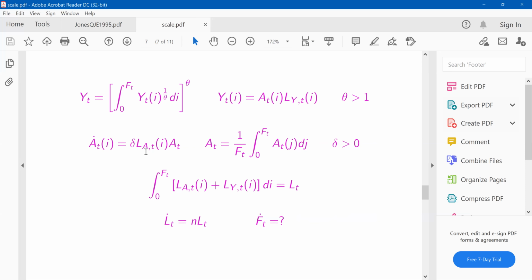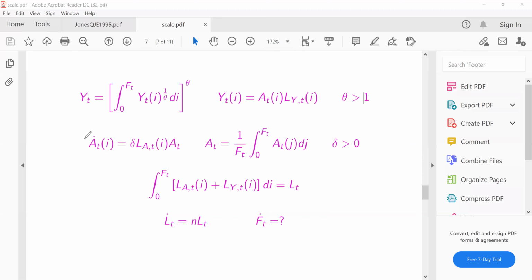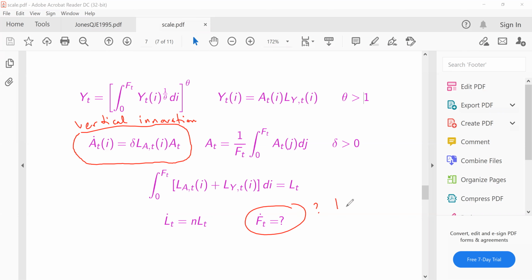If this is vertical innovation, let me annotate this. This one is, of course, vertical innovation, and we have to understand the horizontal innovation as well.